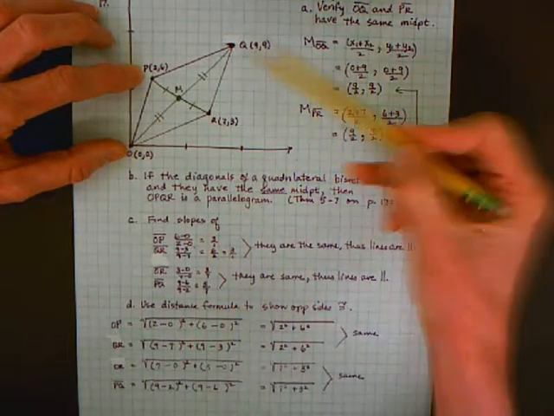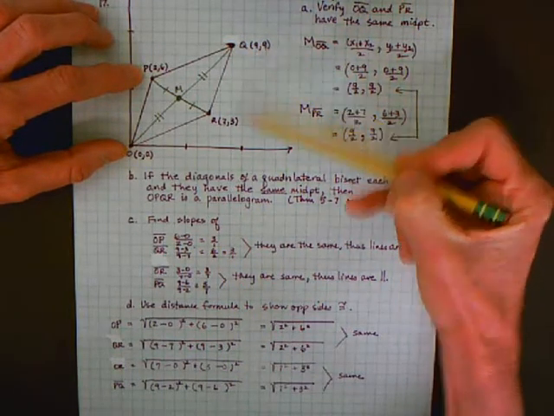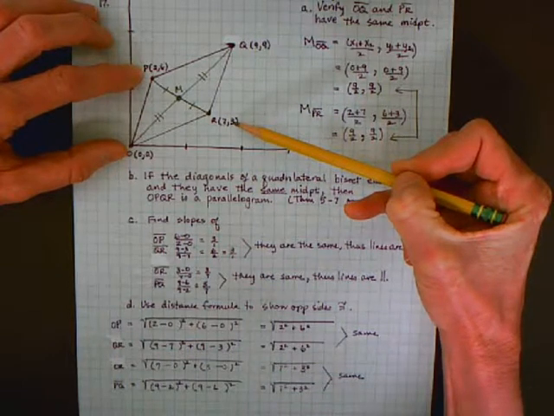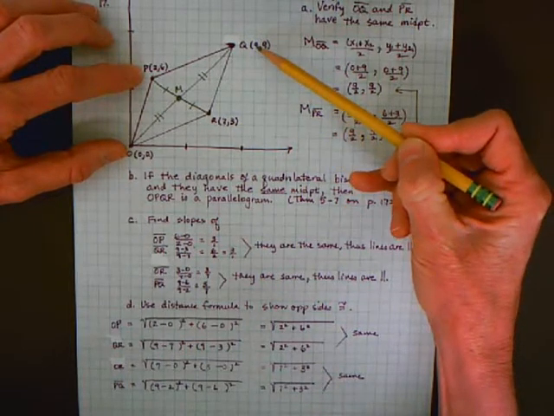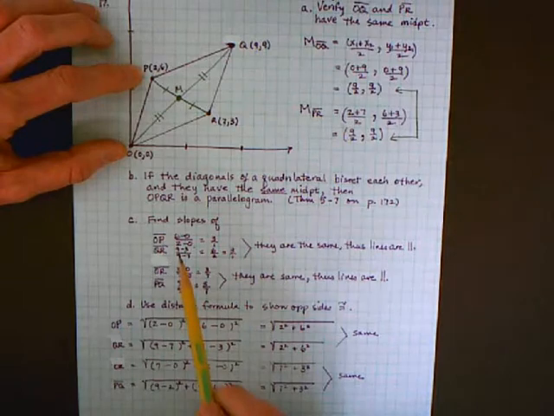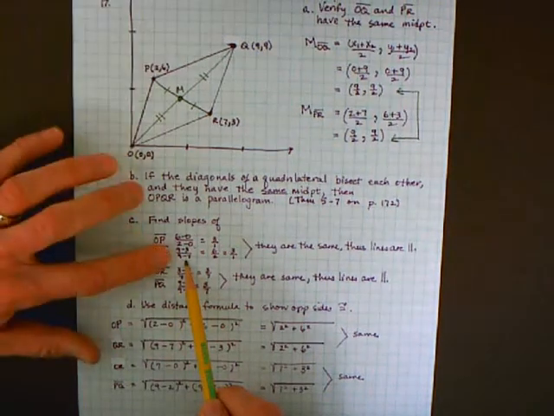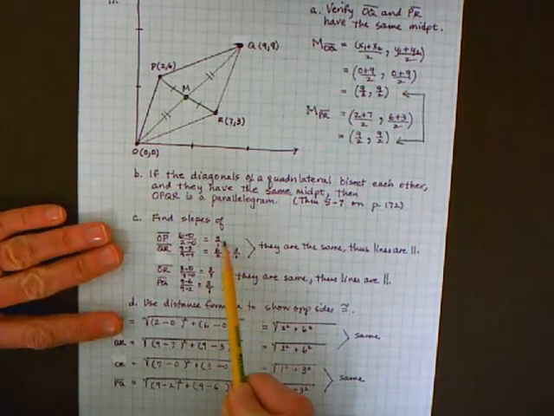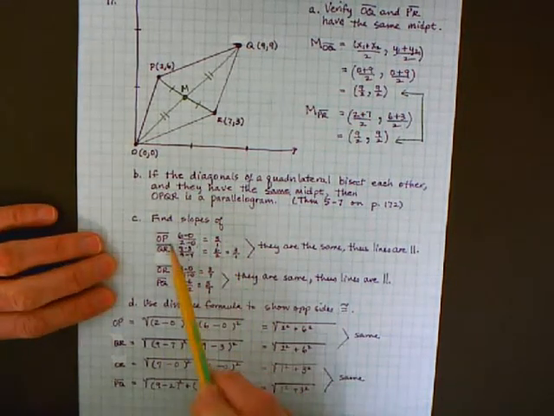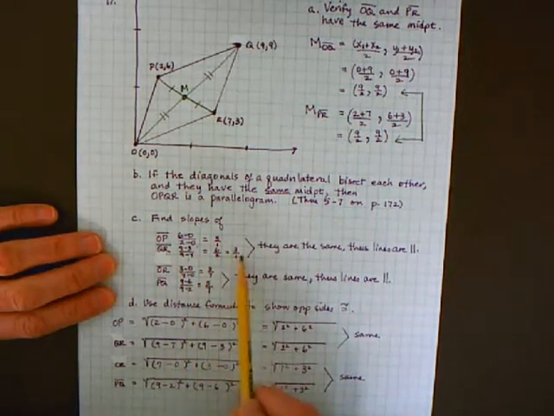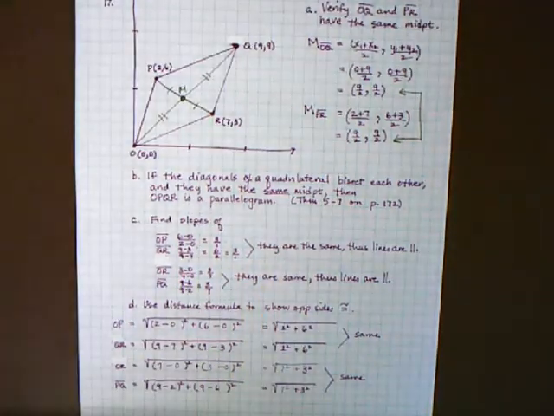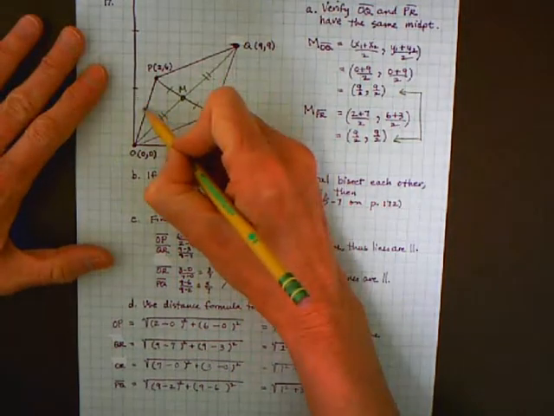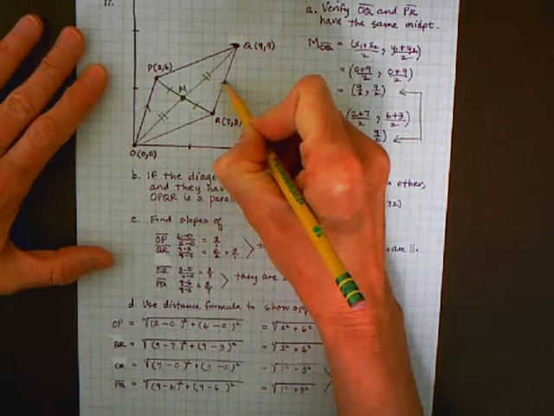Now we look at QR, 9 minus 3, that's 6, divided by 9 minus 7, that's 2. So we have 6 over 2, that's 3. You'll notice that the slope of OP and the slope of QR are exactly the same. So that means those lines are parallel. This line right here is parallel to this guy right there.